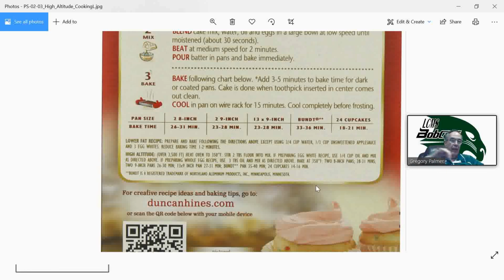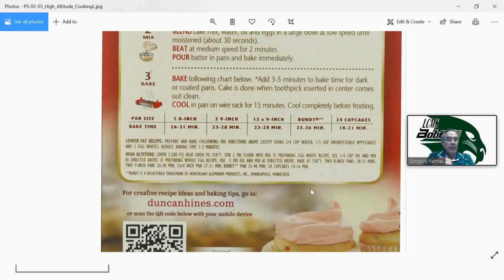And the reason why that is because there's less air pressure at that higher altitude, so water actually boils at a lower temperature. So you have the liquid water, and remember the particles are trying to get separated and shoot off by themselves when they turn to a liquid. Well, the less air pressure there is pushing down on the water to keep it in a liquid, the easier it is for the particles to shoot out.